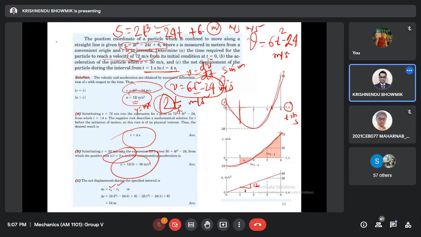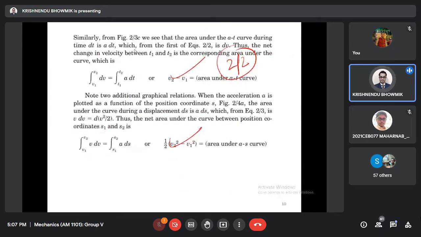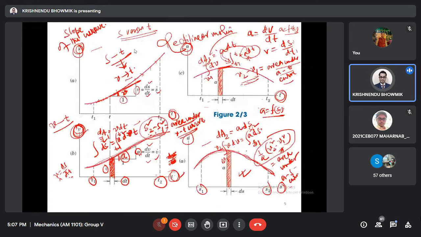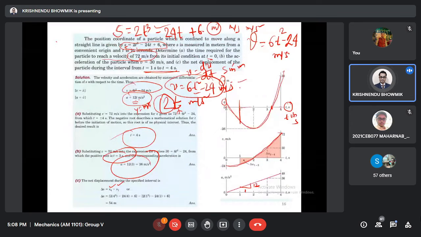Or somebody can use the area under the curve for distance traveled. You go back. Here we have done distance traveled. S4 minus S1 is the area under the VT curve. Now this is the area under the VT curve, from time T1 to T equal to 4.